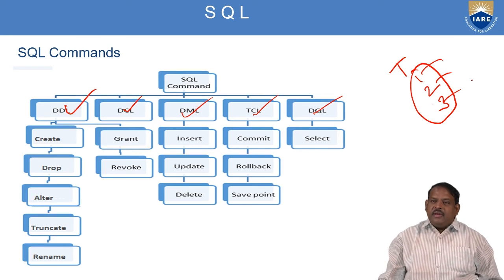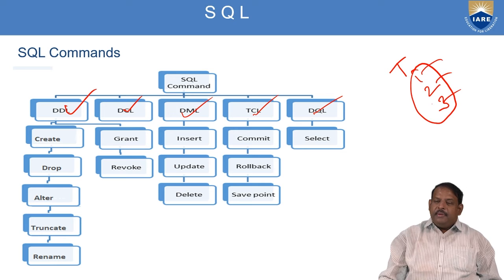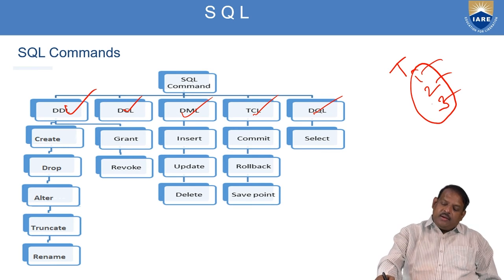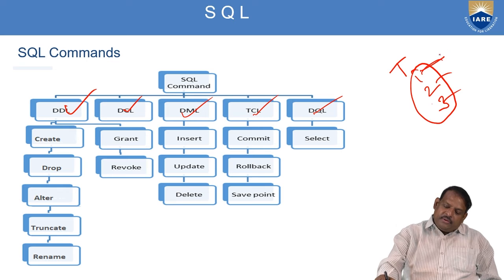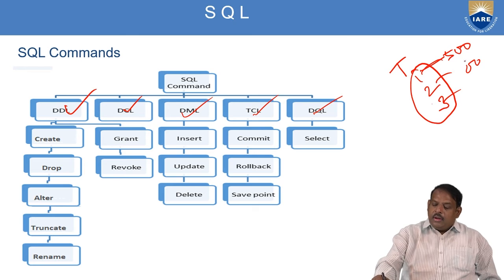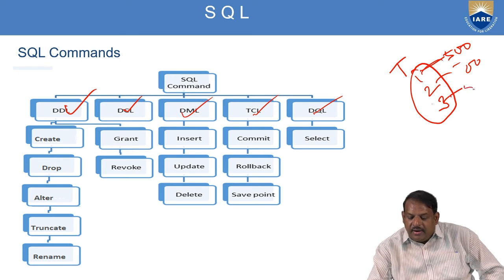When I say transaction T, it means I go to an ATM to remove some amount from my account. First step is to withdraw 500 rupees. Then after that, the amount will be dispensed through the ATM. You'll get the amount. And in the third stage, your account will be debited by 500 because you have withdrawn 500 rupees.